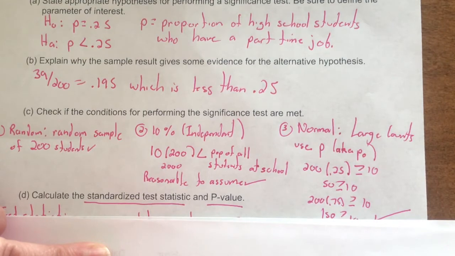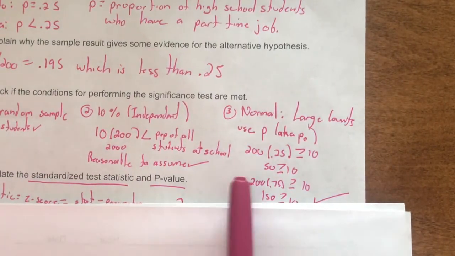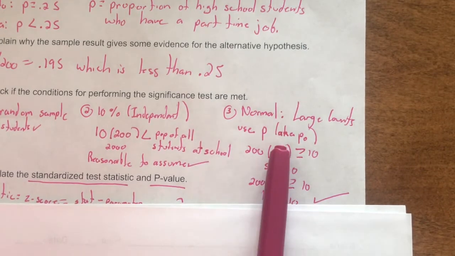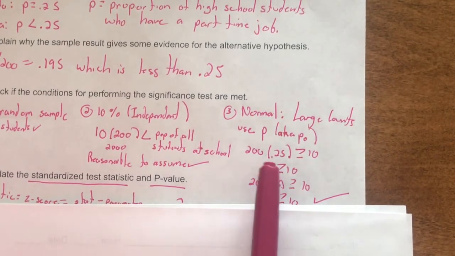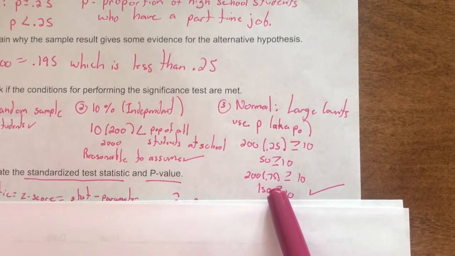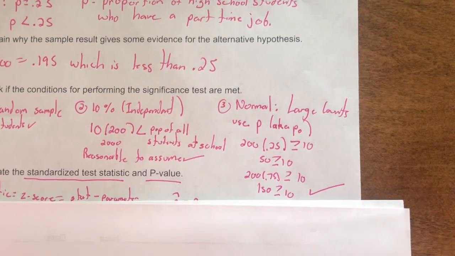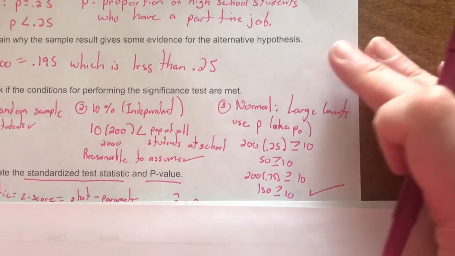That's reasonable to assume. And then normal, our large counts. Again, we're going to use p, aka p naught. So it's 200 times 0.25, which is 50, greater than or equal to 10, that checks. 200 times 0.75 is 150. That would be greater than or equal to 10, so it checks.